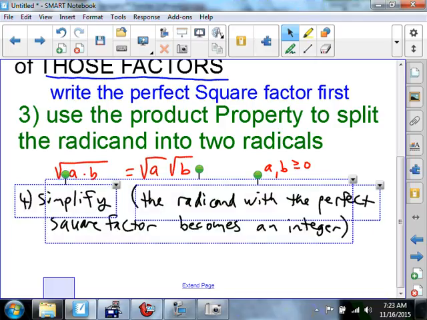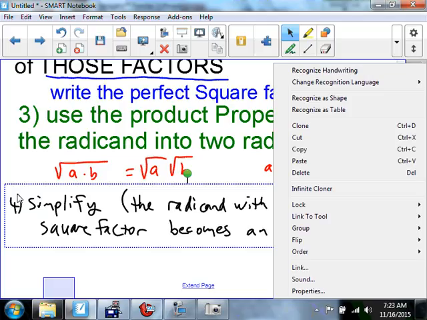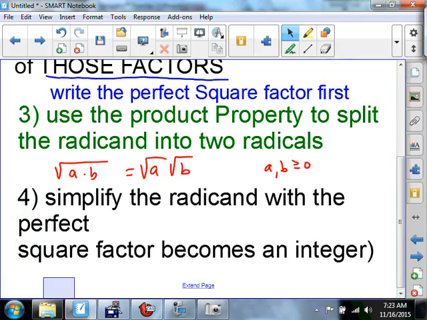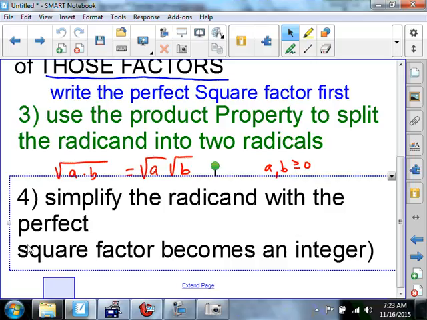That's why we're looking for perfect square factors. That's what ends up happening. So there's going to be part of a radical left and an integer.